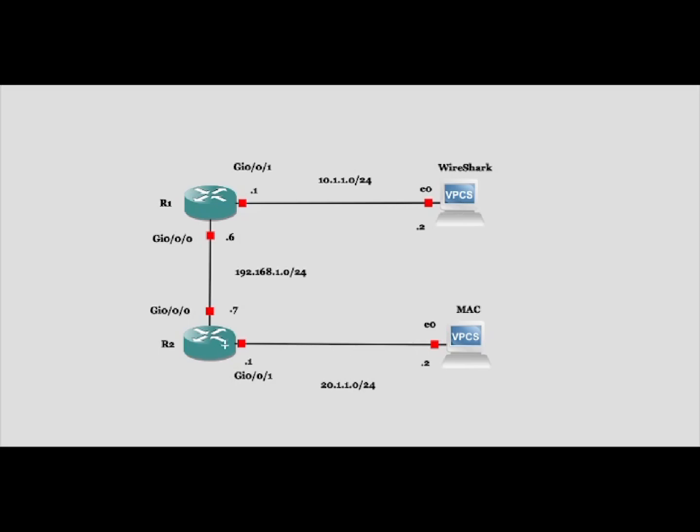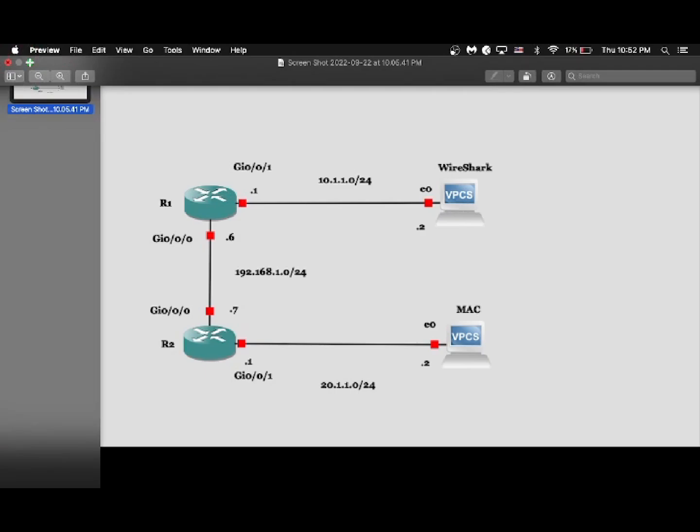And what we're going to do is, even though there's a subnet 20.1.1.0 here for my MacBook, and this PC is on subnet 10.1.1.0, we're going to monitor the traffic from this guy and mirror that monitored traffic so that Wireshark can see it all the way on this guy. So that's kind of what we've got here.